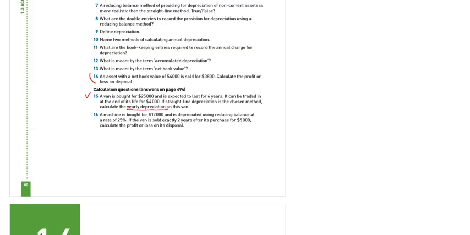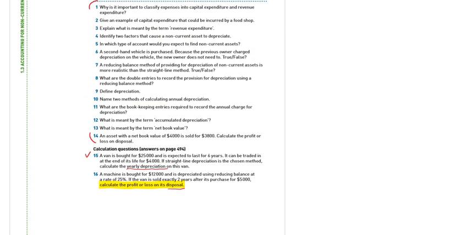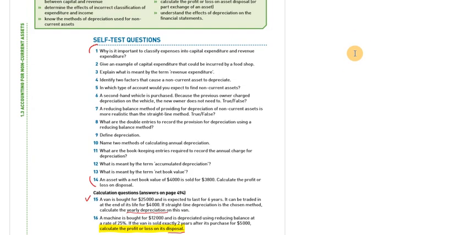And question number 16 relates to our last concept, calculating profit or loss on disposal. So the disposal concept will be discussed in the next class. So you have to solve from question number 1 to question number 15. Then after the disposal concept, I will give you some past paper questions for further practice, and some I will definitely solve for you.